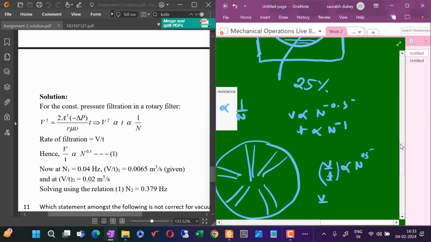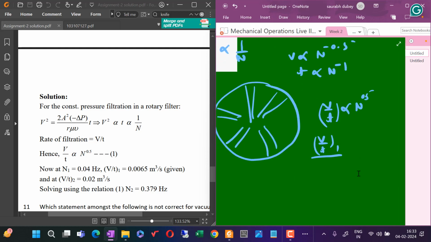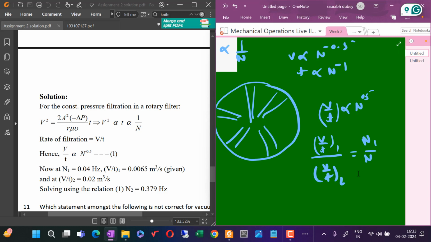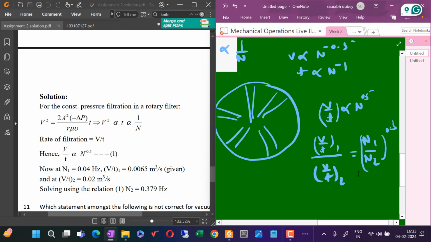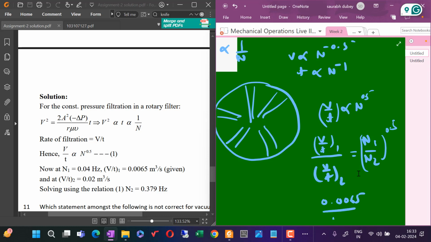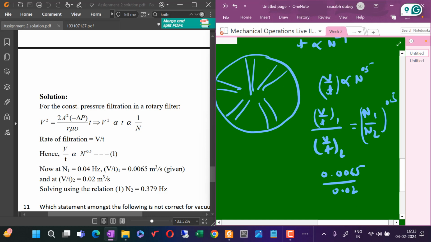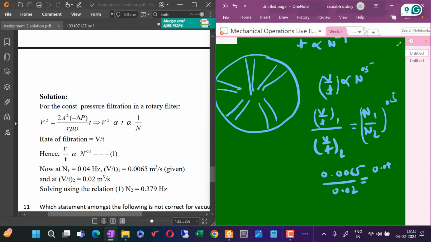(v by t)1 divided by (v by t)2 equals (n1 by n2) to the power 0.5. Substituting the values here, 0.0065 divided by 0.02 equals the square root of n1, which is 0.04 hertz, divided by n2, which you are asked to calculate.